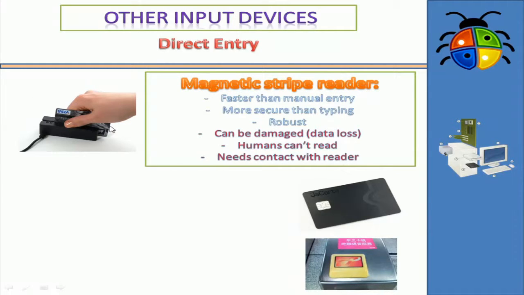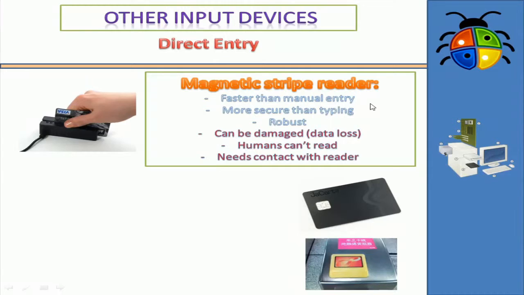If you look, if you have a bank card, you'll see a black line going across the back, and this is using magnets basically to store the data. We'll go into how magnets store data in the storage section, but this is a magnetized card and it has some of your information on there. So you just run it through the reader, and that information then goes into the computer.